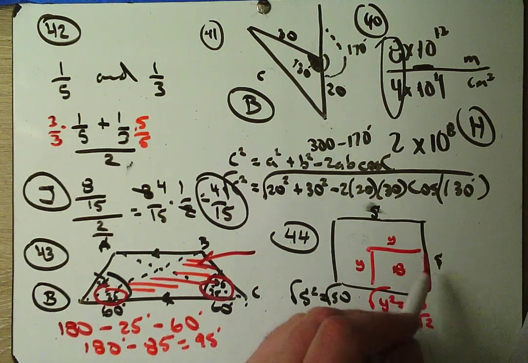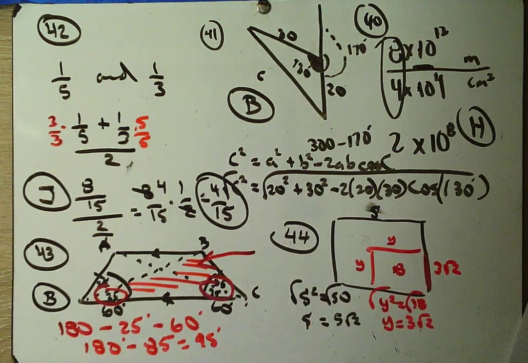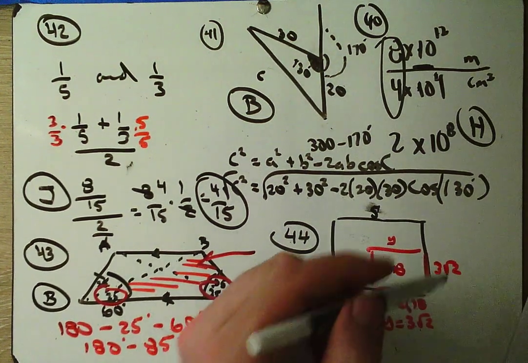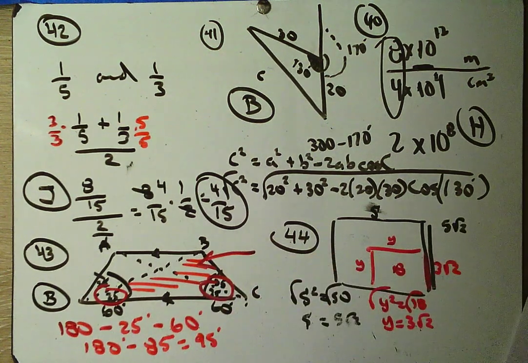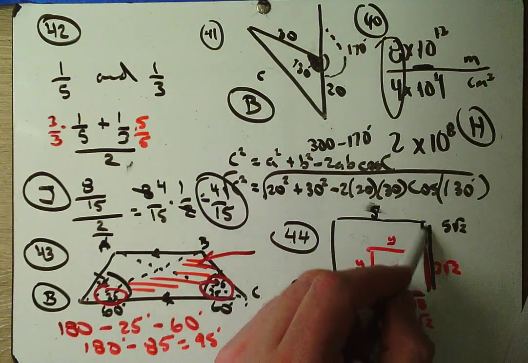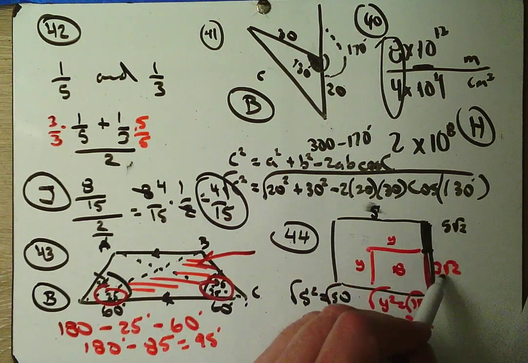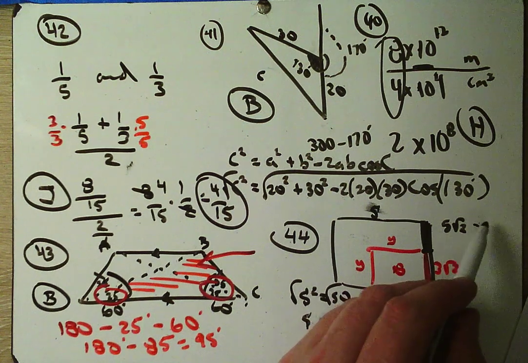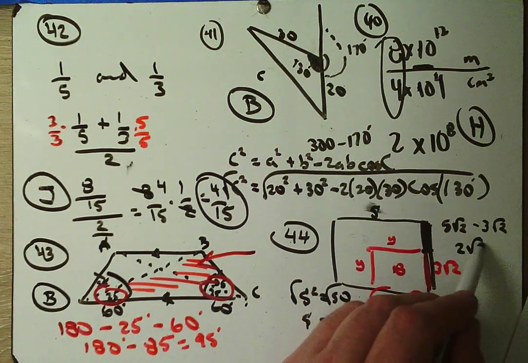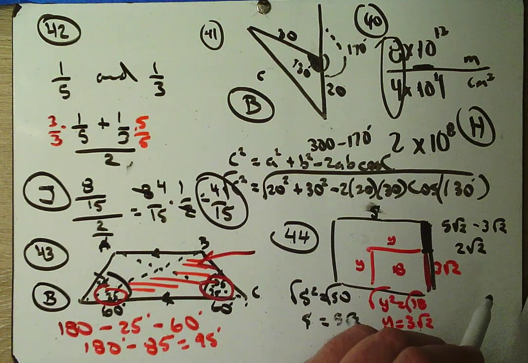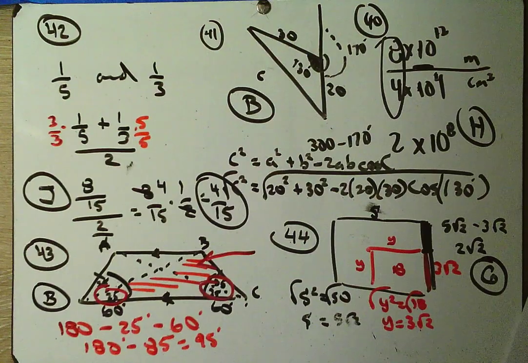So this is 3 root 2, but this whole side length is 5 root 2. And they're asking me for this amount here, which is the difference between 5 root 2 and 3 root 2. So if I subtract 3 root 2 from 5 root 2, I get 2 root 2 as my answer, and that's choice G for number 44.